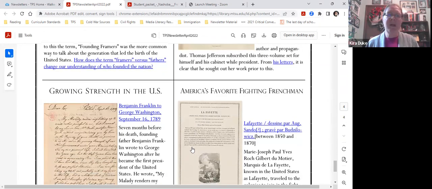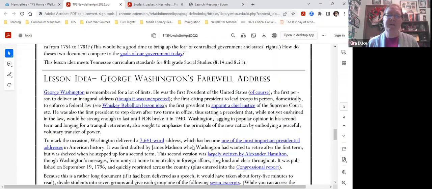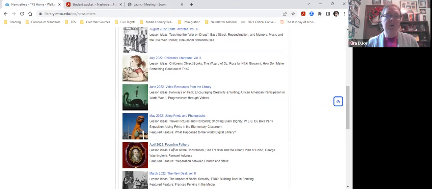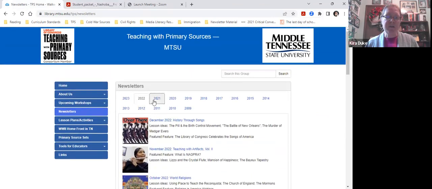So again, this whole issue has got material and resources that may be worth taking a look at. So that is 2022, and again, that April issue.